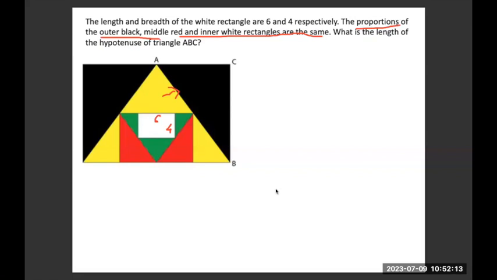Aditya, correct answer. Khushbu, wrong answer. Manya, wrong answer. Chalo. Let's solve this, okay?